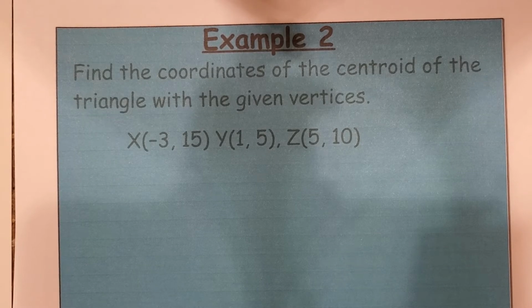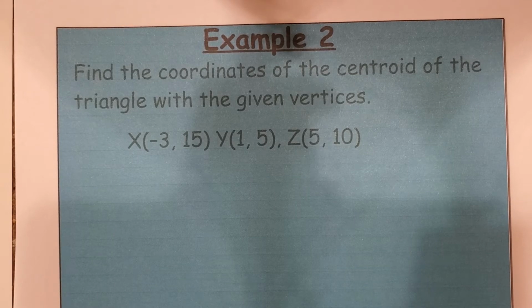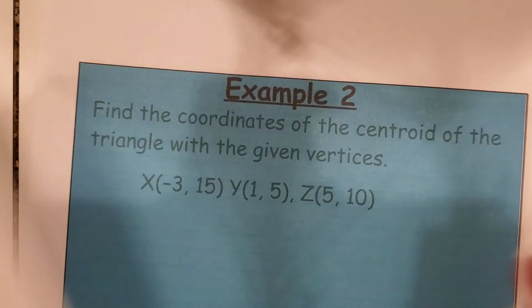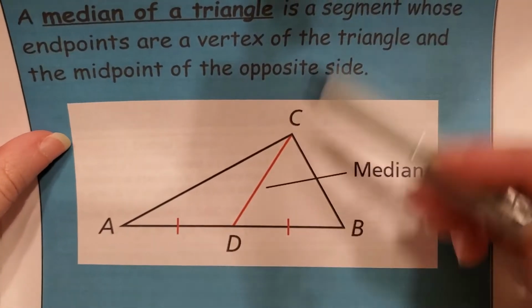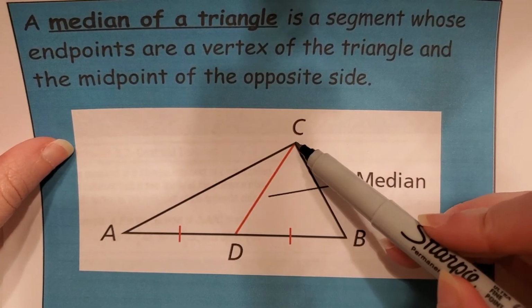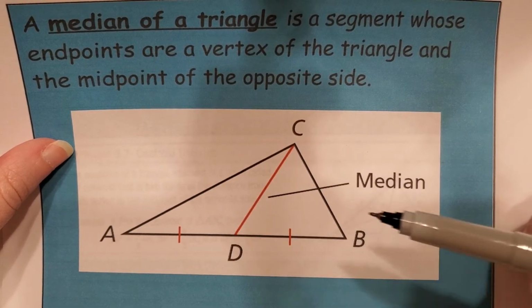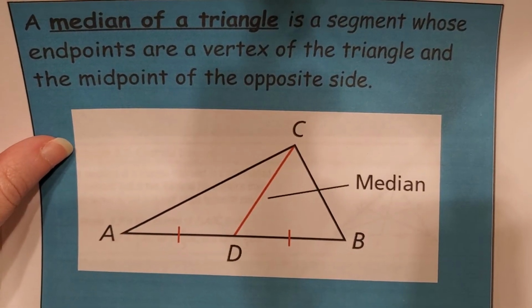But writing the equations, again, from Algebra 1, you're going to need a slope and a y-intercept, or, in the majority of cases, a point. So let me actually pull my median picture out for reference. There we go. We want to write the equation that passes through one of the vertices and the midpoint of the opposite side.